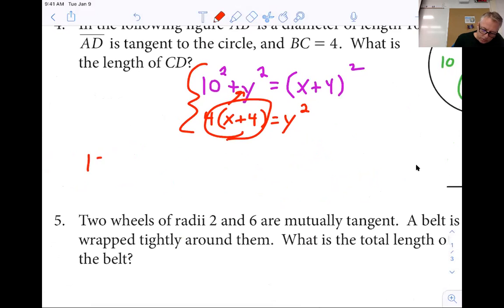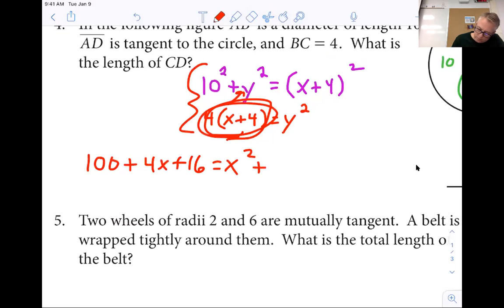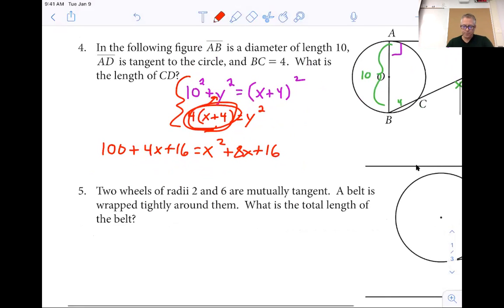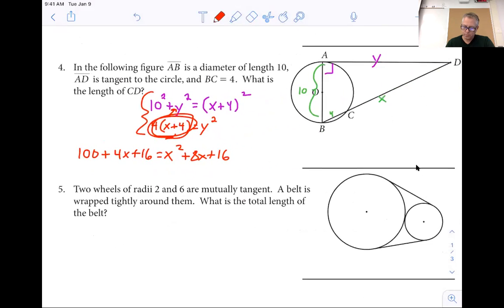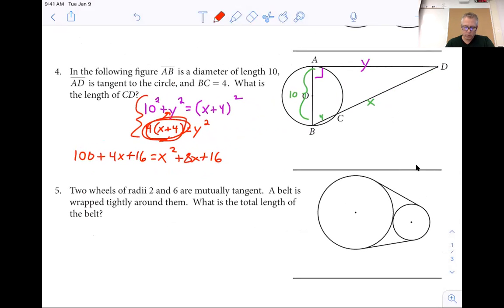So I get 10 squared, which is 100, plus y squared, which is 4x plus 16, and that equals the quantity x plus 4 squared, which FOILed out is x squared plus 8x plus 16. Okay, and we can solve for x. And that's what we're looking for, CD.